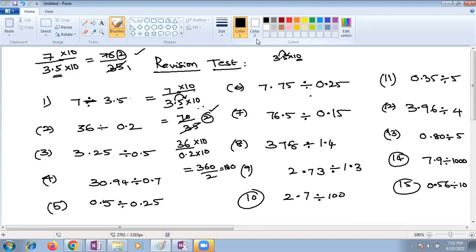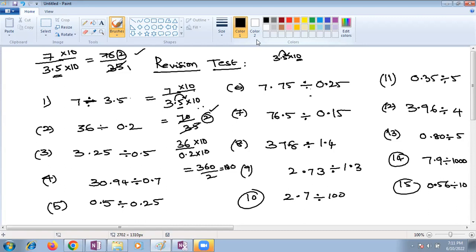How would we get the answer, ma'am? 180 is the answer. That's all. 180 is the answer for the number. You need to find the coefficient. But if we divide 36 by 0.2, we are dividing 36, so it should be below 36, right?